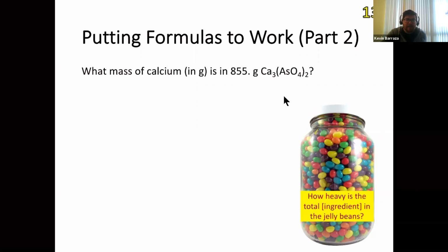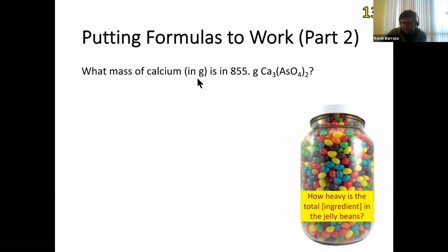And think about how the how heavy to how many actually comes into play. So in order to figure out how heavy a single ingredient is in this, how much calcium in grams is in the jelly beans, or our chemical jelly beans, I need to know how many calciums are there. So in this case, it's kind of a secret how heavy to how many, but it is one of those questions. It implies we are going to need a molar mass one more time.